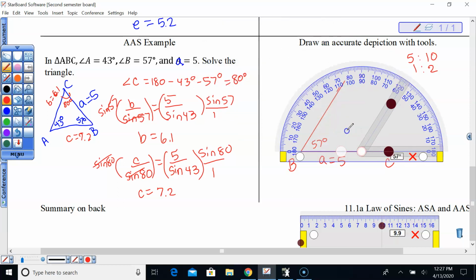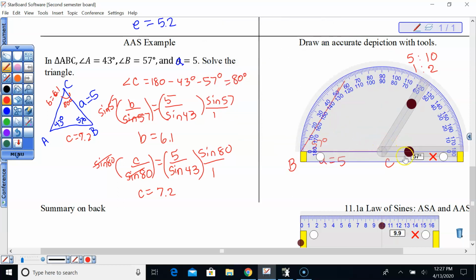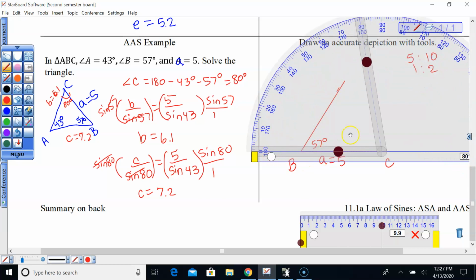Then we'll come over to angle C here and go back to 0 degrees all the way to 0. And angle C was 80 degrees. So we're going to go 40, 50, 60, 70, 80. And you see I'm going to have to extend my line here. I'm going to make my protractor a little bit bigger so that I can get a line that goes all the way up there.